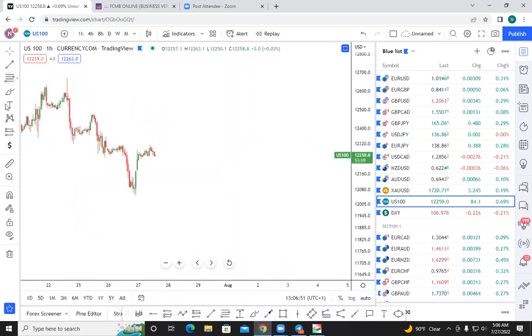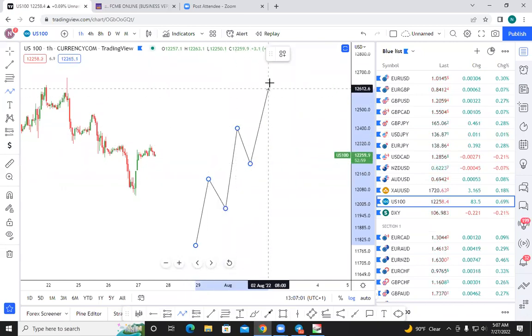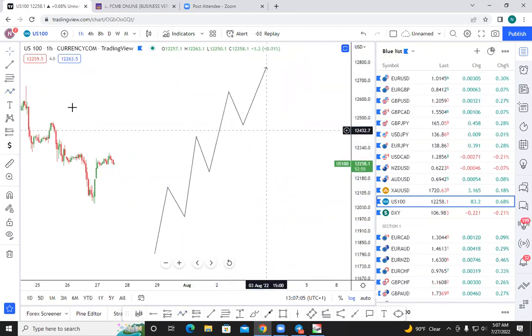Let me repeat myself. Watch, this is another theory that emanates from me, and I make use of it. We are having a push up, a trend like this, and this is the end of the structure here.